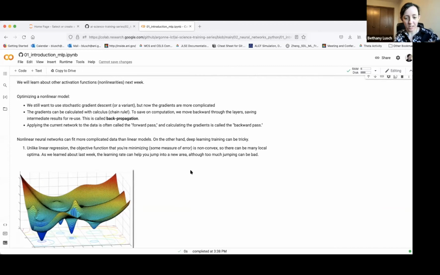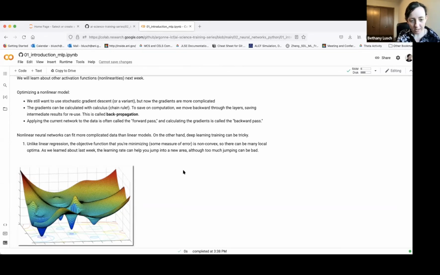Now, as we talked about last week, when we get to something more complicated, you can have these local optima, you can have local minima and saddle points. And so things become important, like picking a good learning rate so that you have a chance to jump into a new area, but you don't jump too much.